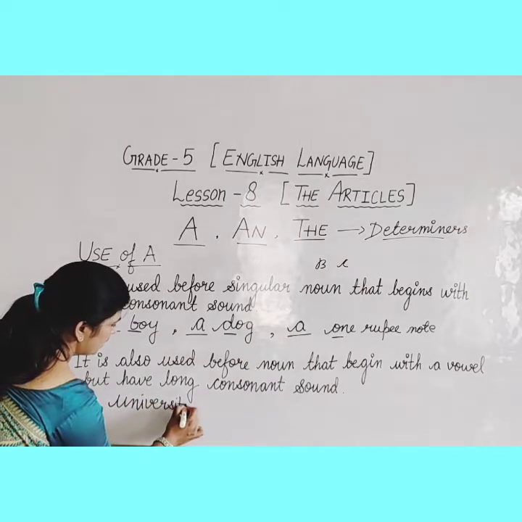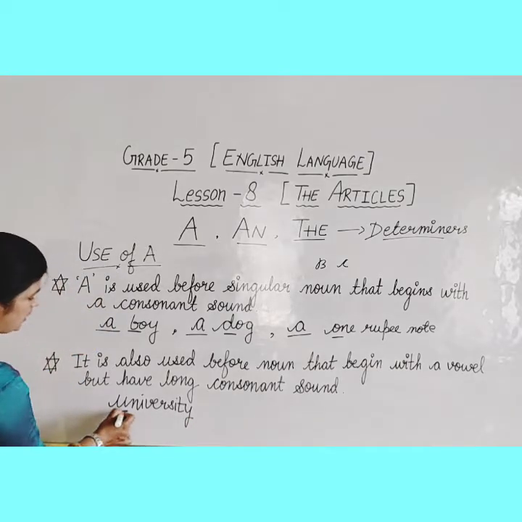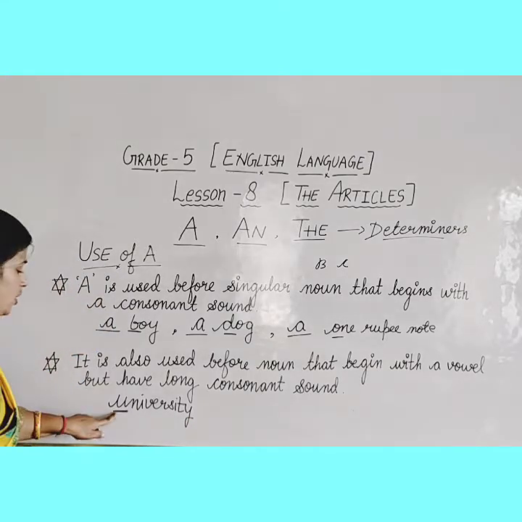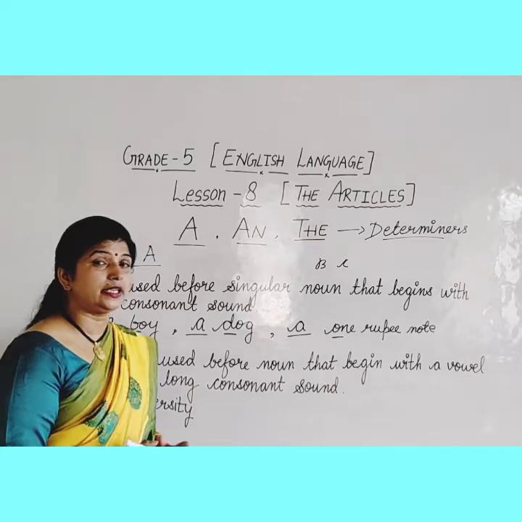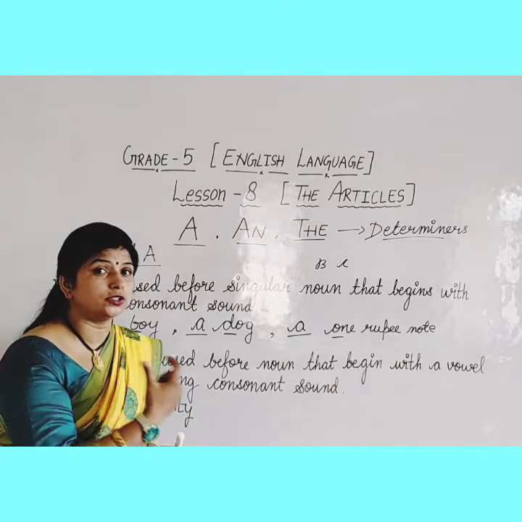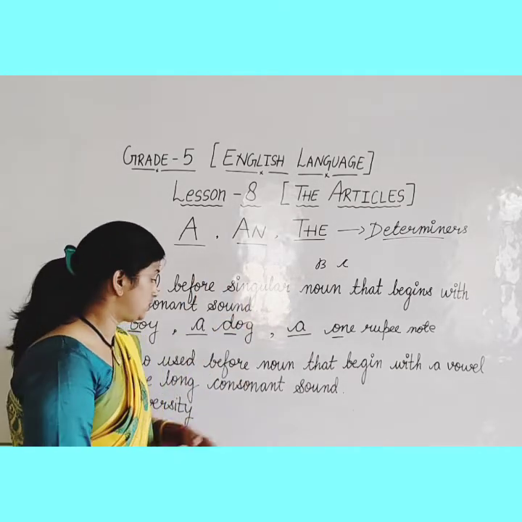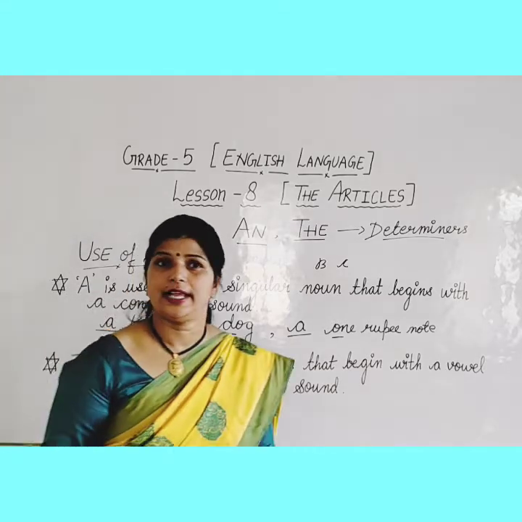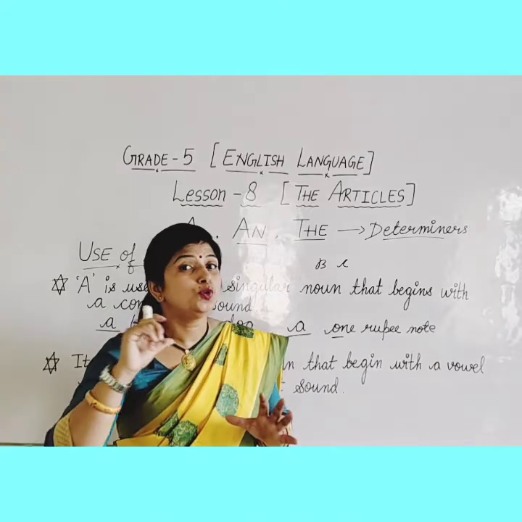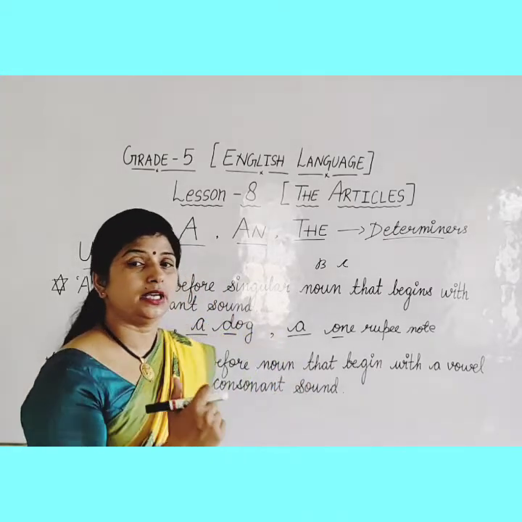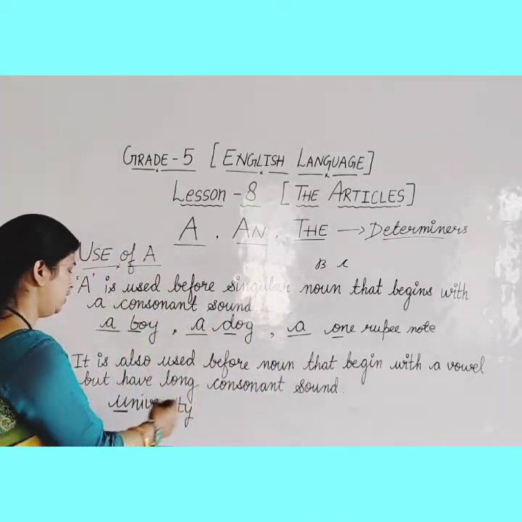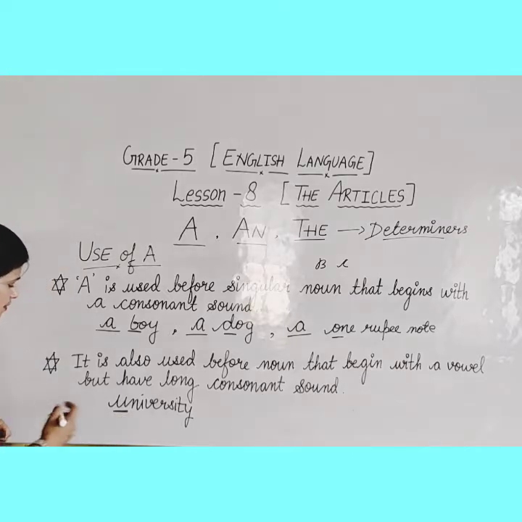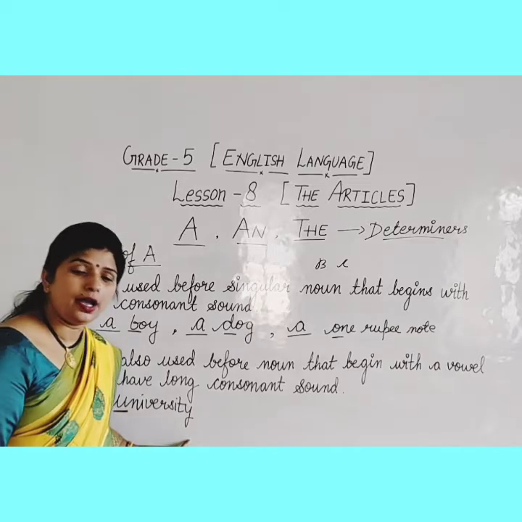In this you are seeing that it is starting with the vowel U. But you can see the long consonant sound, uni, the U is going long. So in that case also we will use a university. We will not use an university, we will say a university.